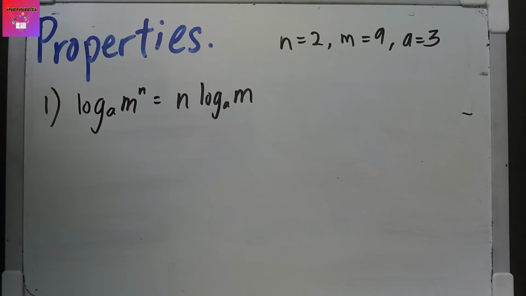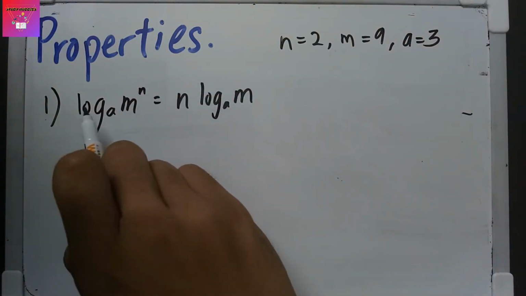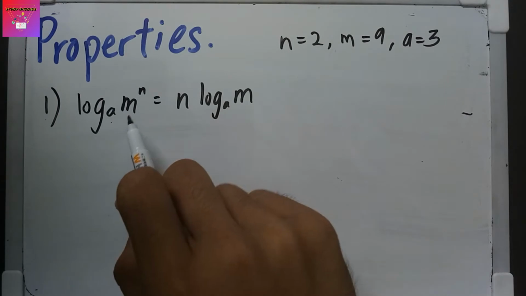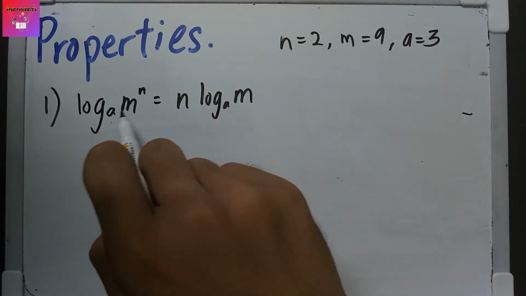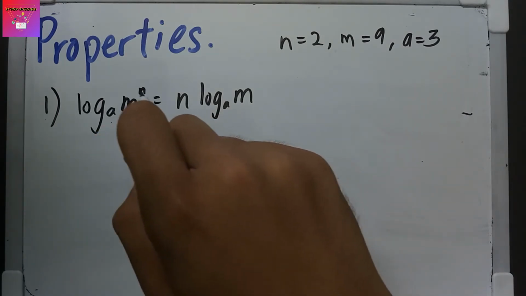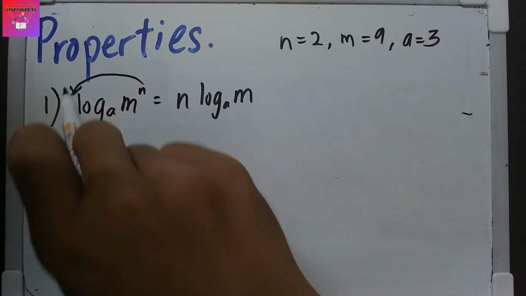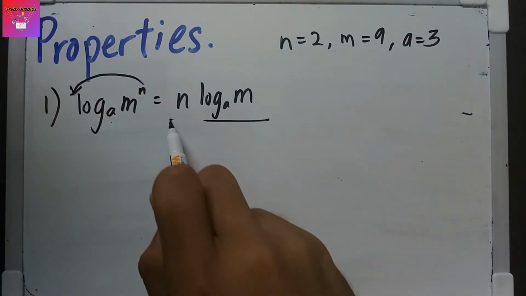So now we are going to look at the properties of logarithms. There are a lot of properties for logarithms. So let's move on to our first one. Whenever you see a log with a power on the number next to the base, you can just bring the power downwards over here and write it in this format.